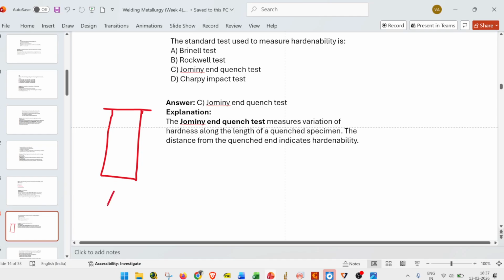Then a water jet comes and hits the sample. After the sample is completely cooled down, we measure the hardness vertically. Up to what height the hardness is retained gives the hardenability of the material.